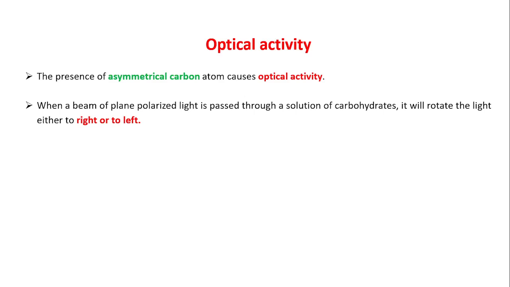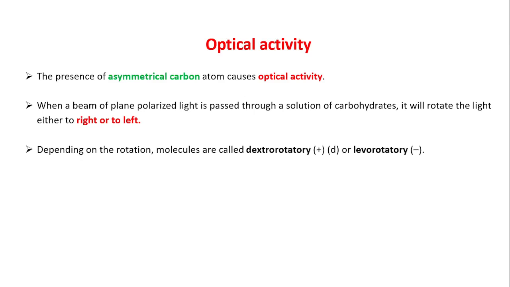A molecule which has a chiral carbon, when it is exposed to polarized light, will either rotate to the left or to the right.